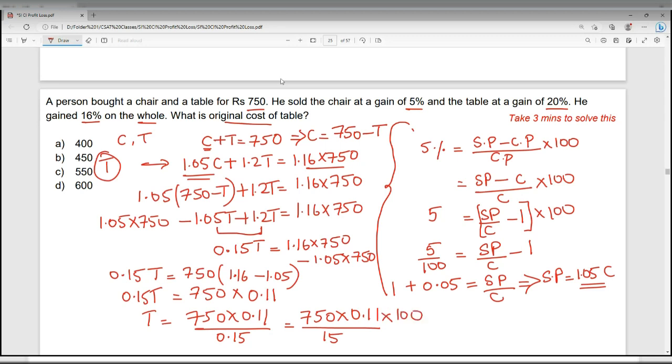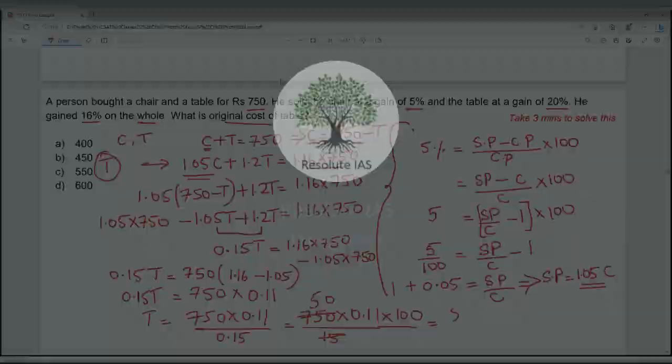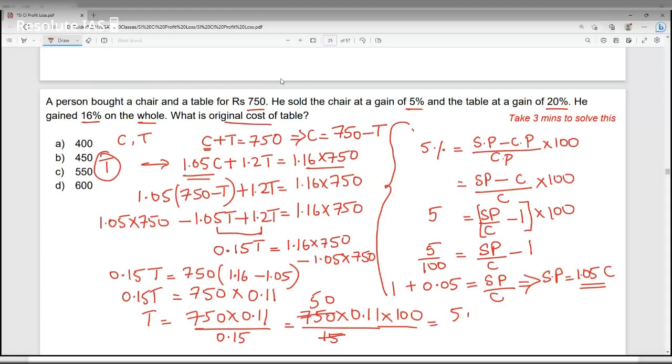This 100 goes to the numerator. 15 ones are 15, 15 fives are 75, so this is 50. And 100 into 0.11 is 11. So 50 into 11 is equal to 550. So the cost price of the table was 550. The correct option is C.